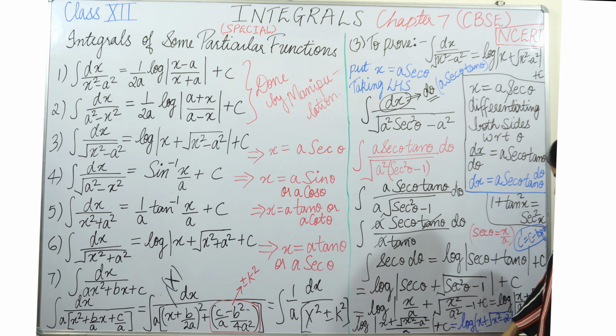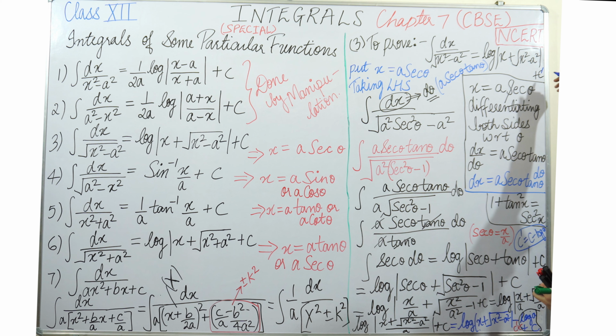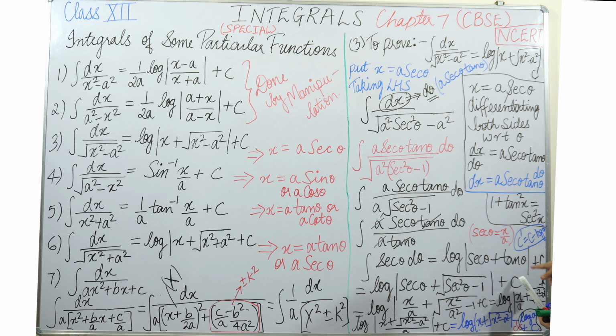So from here it is clear that it is equal to RHS. Or you can do other way also. Here you can put the constant to be c dash, and then you can say c is equal to c dash minus log a.